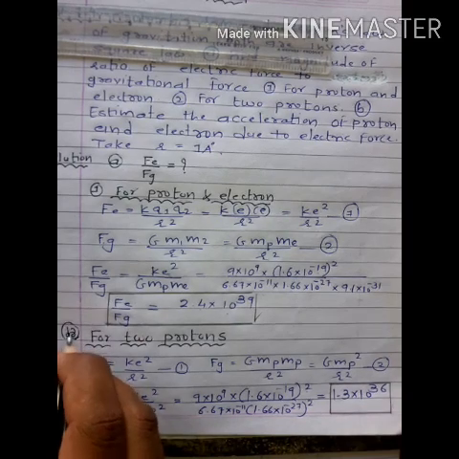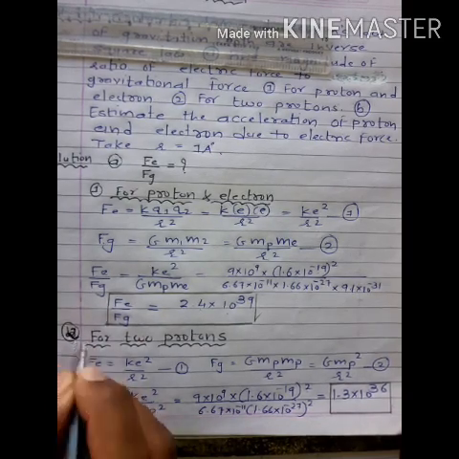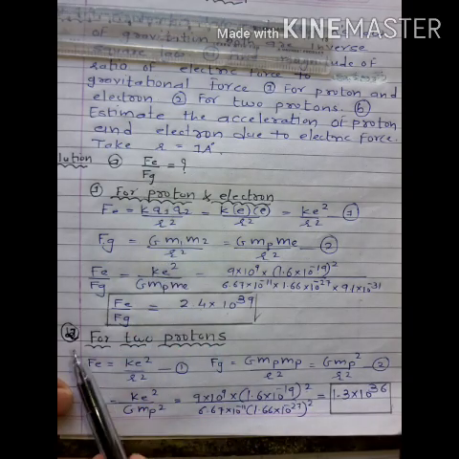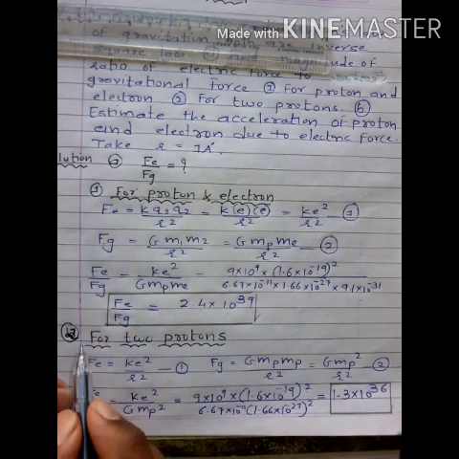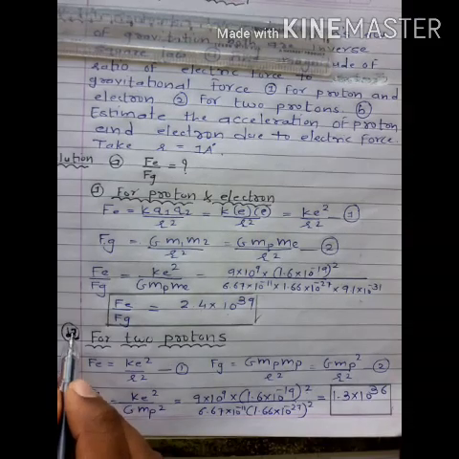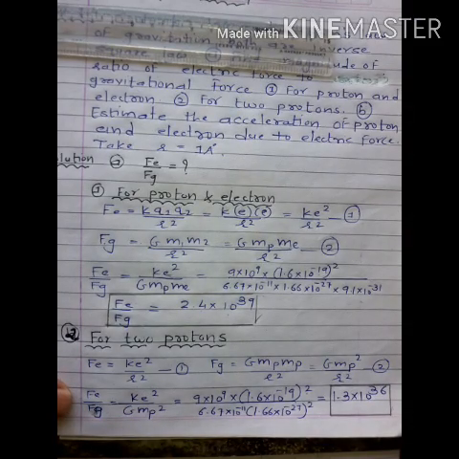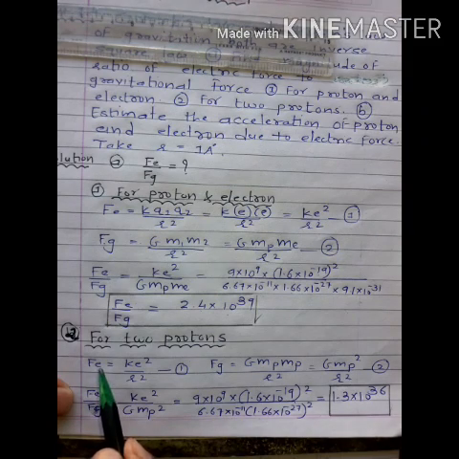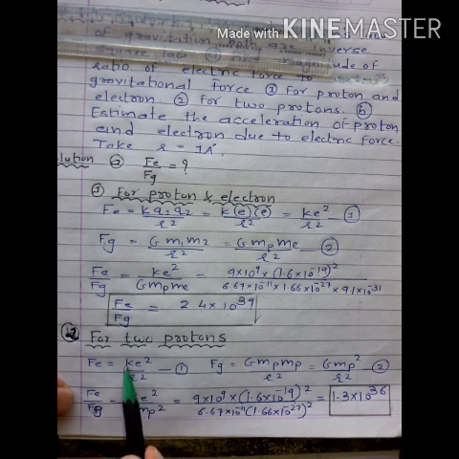Second question. Find the ratio of electric force to gravitational force for two protons. This is our second question. Now first of all we use the equation of electric force. Electric force Fe is equal to K e square upon R square.